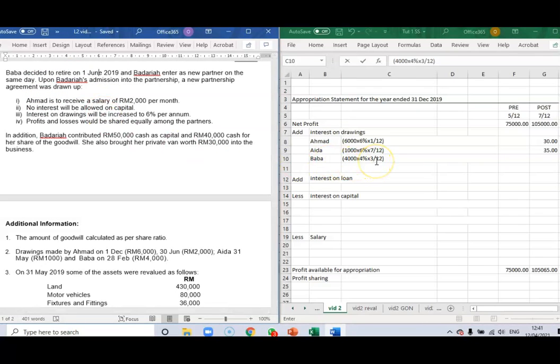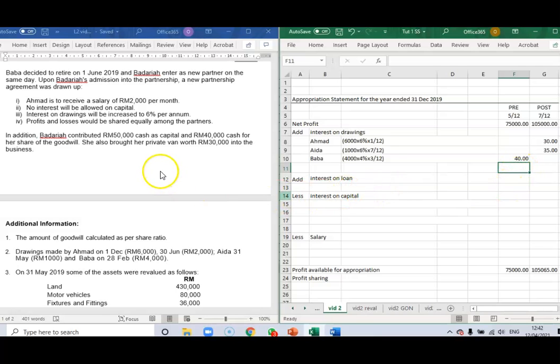So you cannot charge Baba interest on drawings because on the 1st of June he already retired. So the calculation is only on pre, none in post. So the calculation is 4,000 multiplied by 4% and multiplied by 3 over 12. Just 40 ringgit.